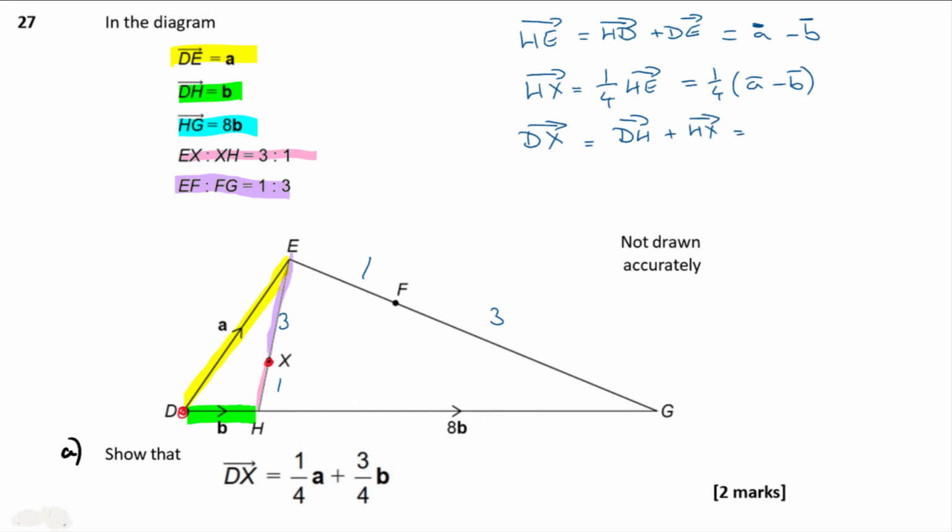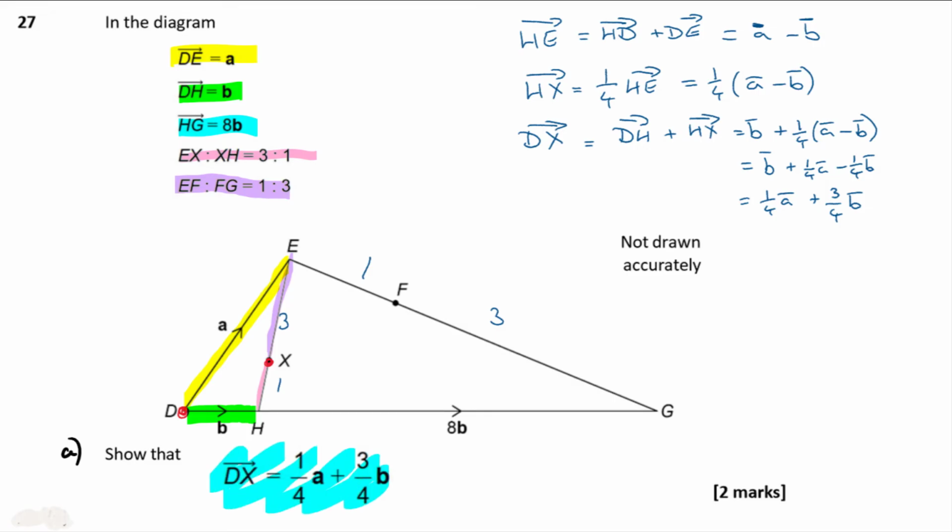So D to H is B, and then H to X is 1/4 of A minus B. Just removing the brackets, I'm going to get B plus 1/4 of A minus 1/4 of B, which is equal to 1/4 of A. B take away 1/4 of B leaves me with 3/4 of B, which spookily is what I was looking for.